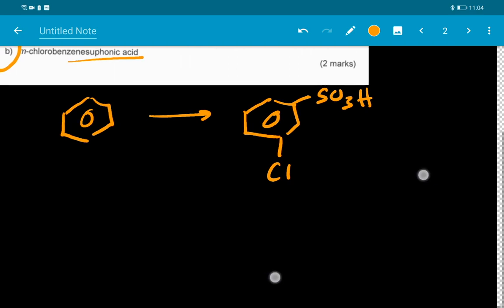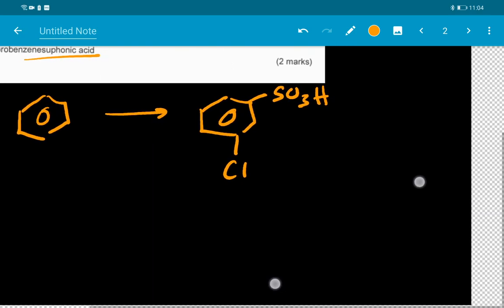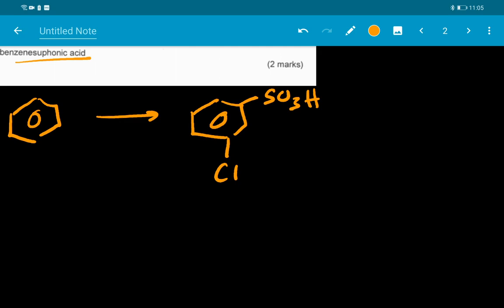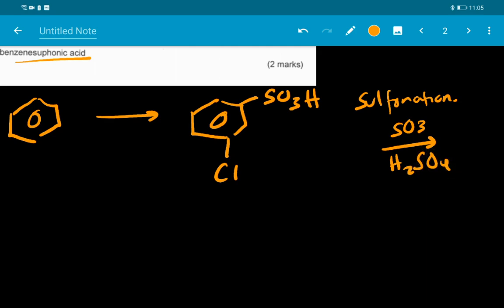So we already know one thing: in order to insert SO3H, we need to perform the sulfonation reaction, which can be done by adding SO3 together with sulfuric acid.